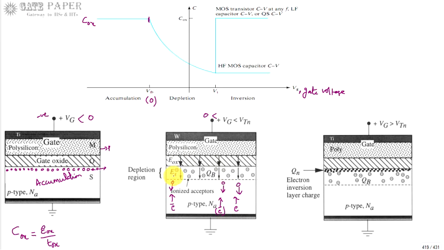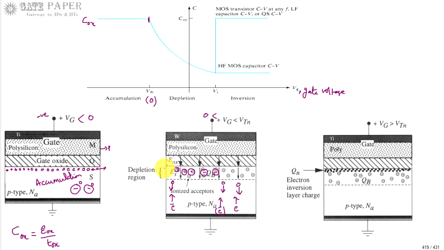Whenever a hole is pulled downwards, remember that general p-type semiconductor is indicated with a negative ion with a hole, a negative ion with a hole. If the hole is removed, only the ion remains. So ions are created near the silicon dioxide layer, and that is treated as the depletion region.